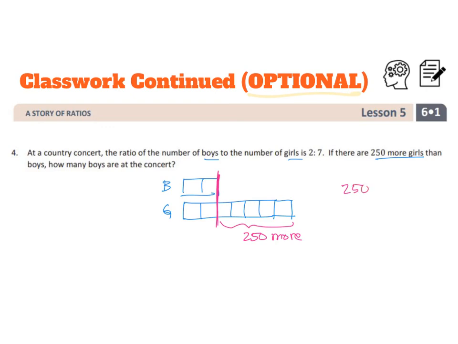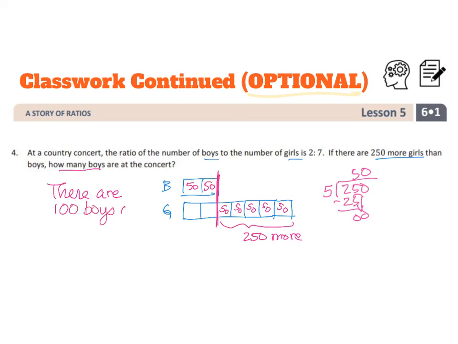If I have 250, and I know you know this, divided by 5, 5 times 5 is 25, 0. Each one of these units is valued at 50, right? Okay, well, all of them are. So that means 50 and 50, that's what they want. How many boys are at the concert? There are 100 boys at the concert. Oh my gosh, yay, we did it.